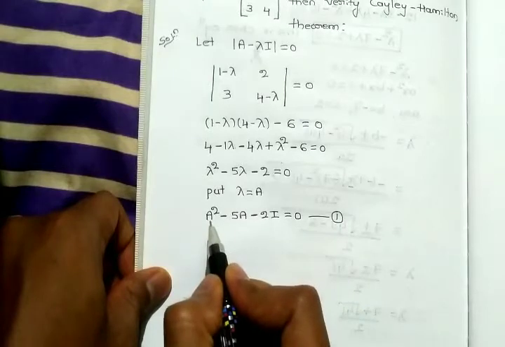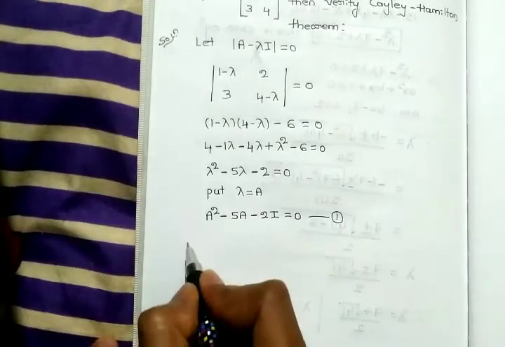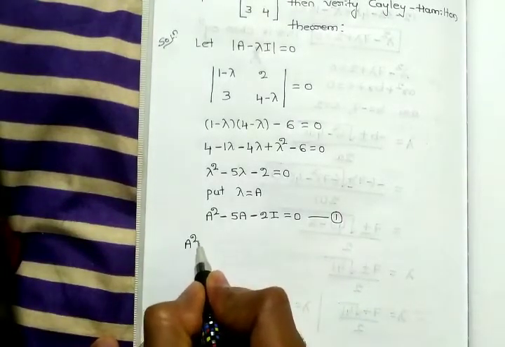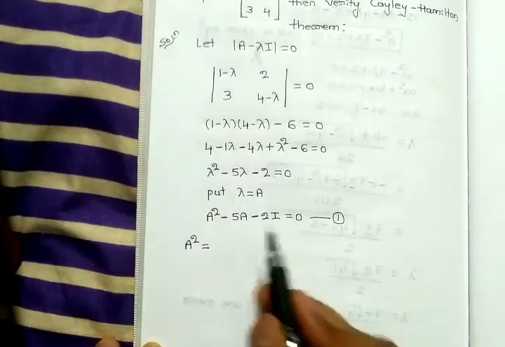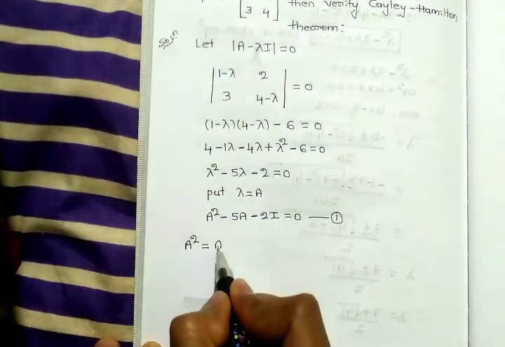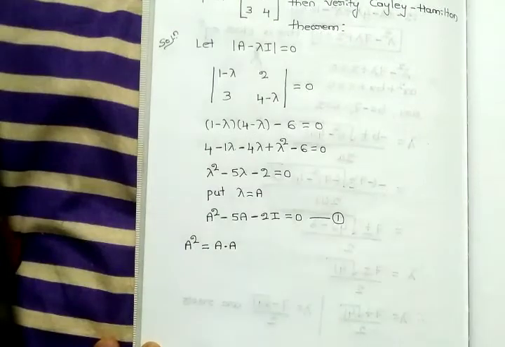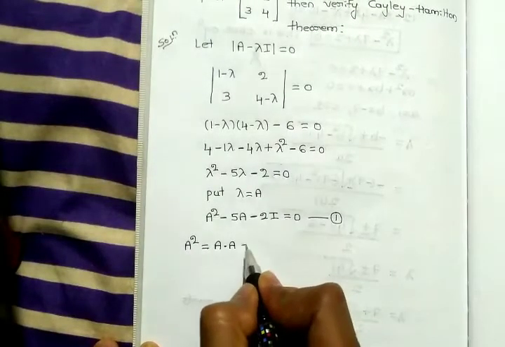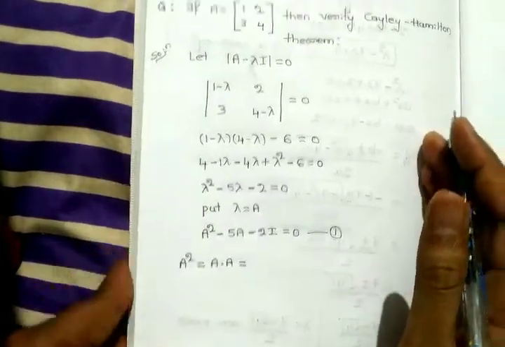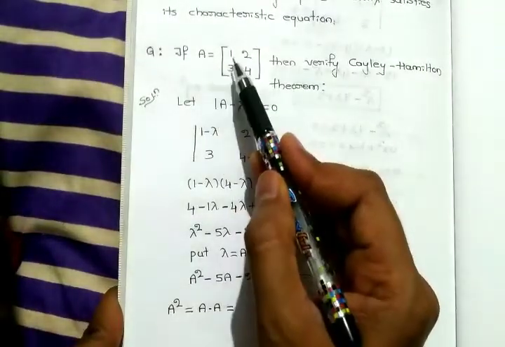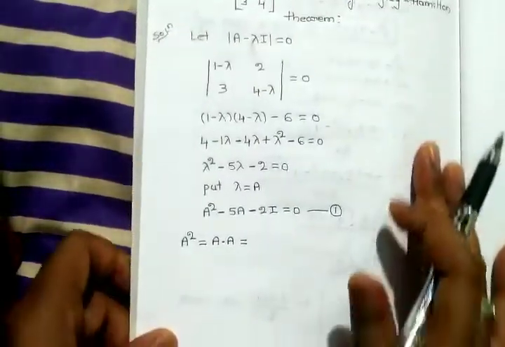Okay, so first I am going to find A square here. A square can be written as A into A. Already A is given, 1, 2, 3, 4. So 2 times you write here.